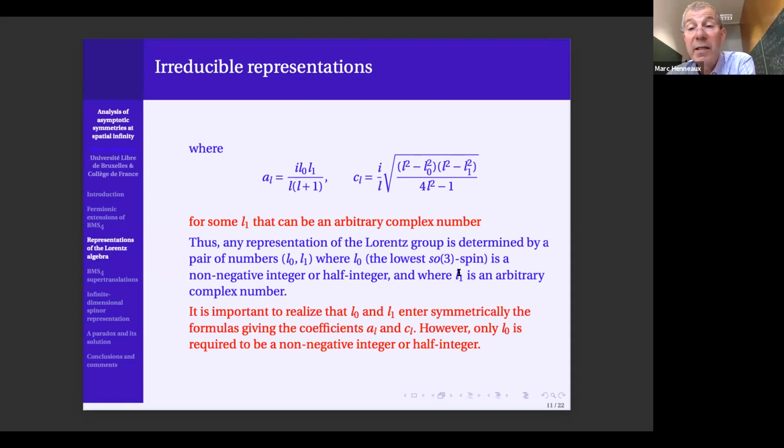Now you can see that in these formulas, L0 and L1 enter completely symmetrically. In AL, that's obvious, in CL also. But the symmetry is not perfect because L0 has to be an integer or half integer, while L1 can be an arbitrary complex number.